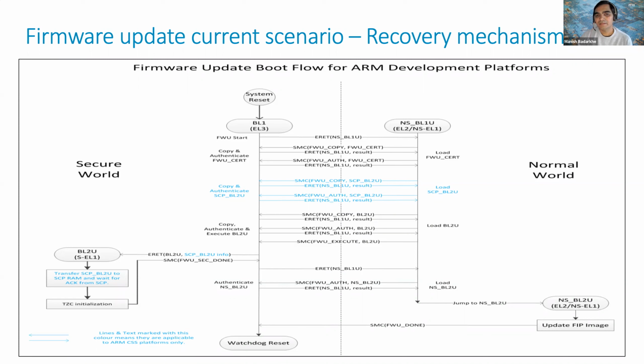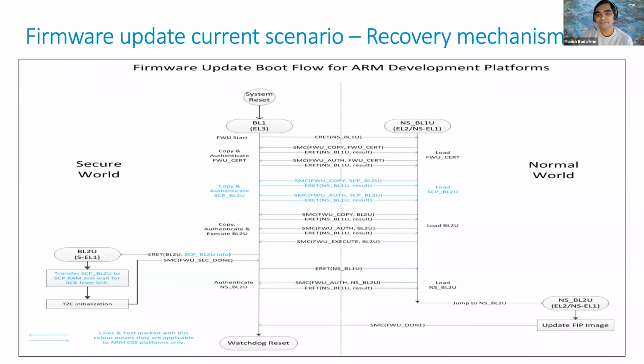This is how the ARM platform defines the recovery mechanism, but other platforms can have their own mechanism to do the recovery, and there is no standard way for the recovery mechanism across the platforms. So we thought of changing this from recovery to firmware update and making it more standard.